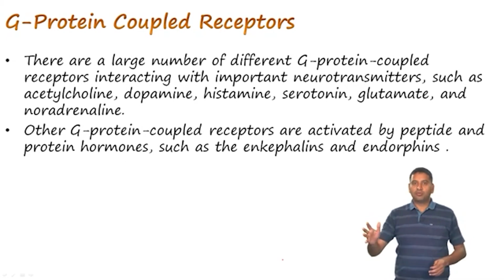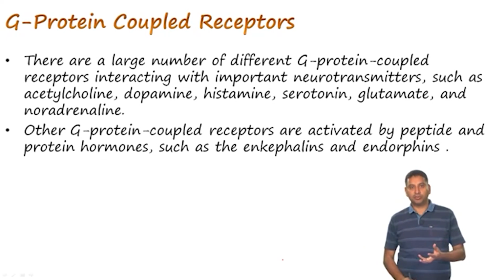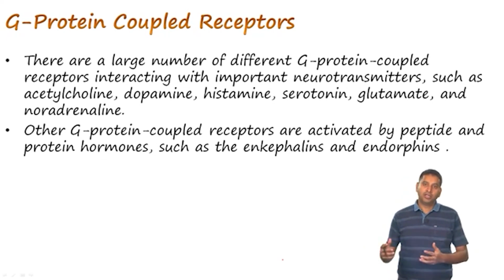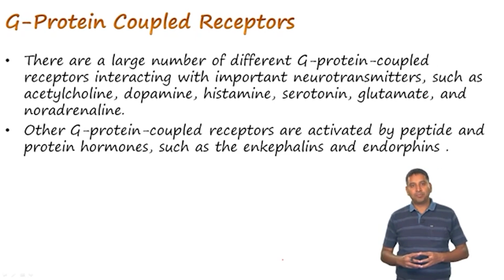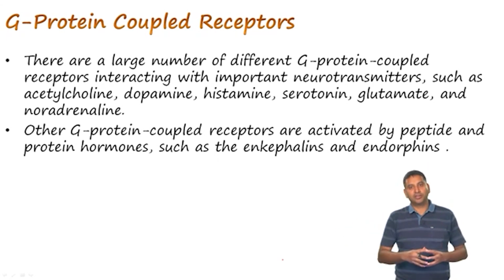There are a large number of different G protein coupled receptors which interact with important neurotransmitters such as acetylcholine, dopamine, histamine, serotonin, glutamate and noradrenaline. Other G protein coupled receptors are activated by peptides or peptide hormones which we looked at earlier, such as enkephalins and endorphins.